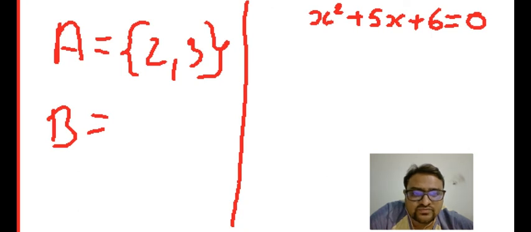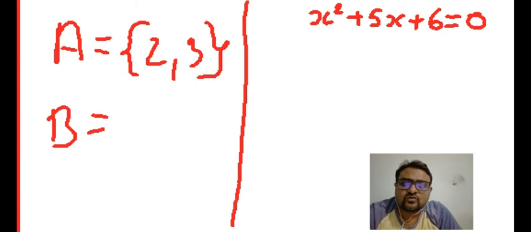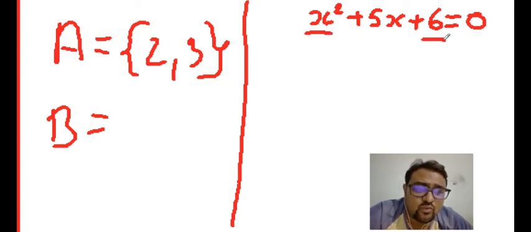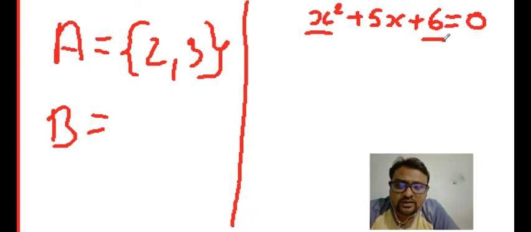When I solve it, I have to split it in such a way that the product will be 1 into 6, that is equal to 6, and the summation will be equal to 5x. So I will split 5x into two parts, that is 3x and 2x. 3 twos are 6 and 3x plus 2x will be equal to 5x. So let me solve it.